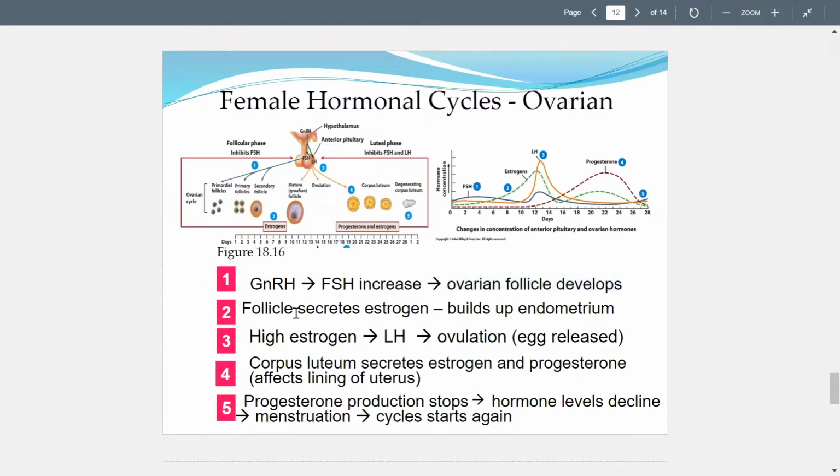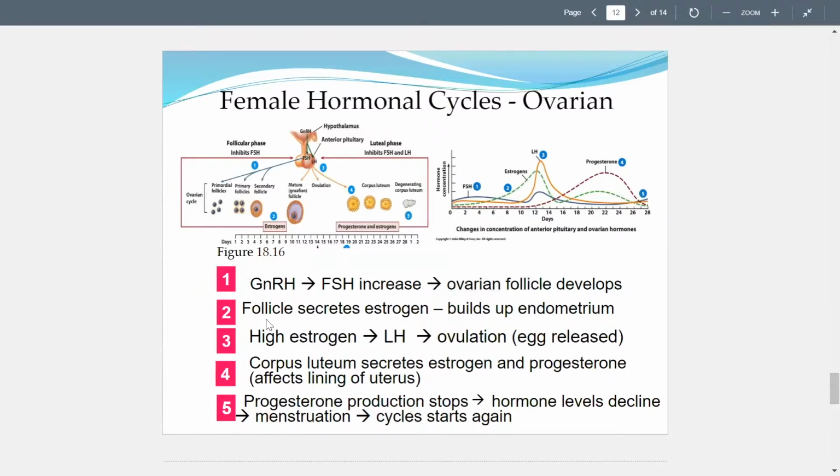The follicle secretes estrogen, which builds up the endometrium, your uterine lining. FSH travels down to the ovaries, which stimulates the ovarian follicle, and that causes high estrogen.